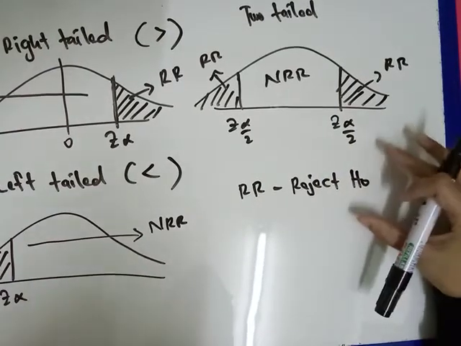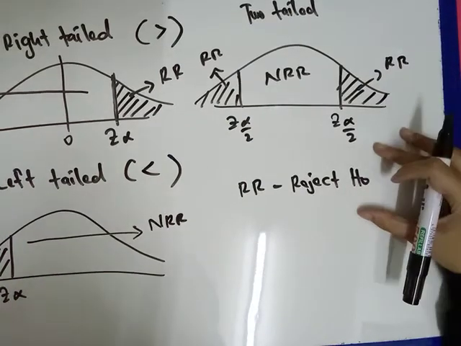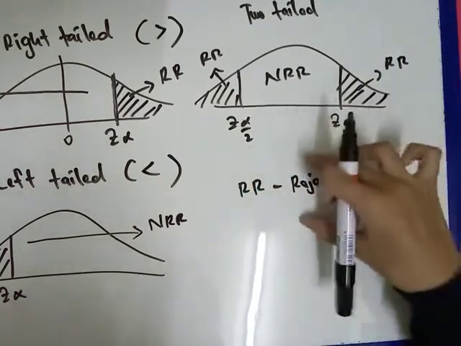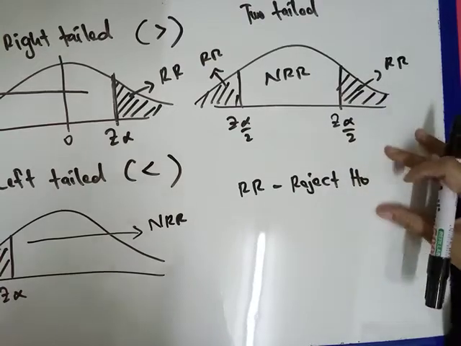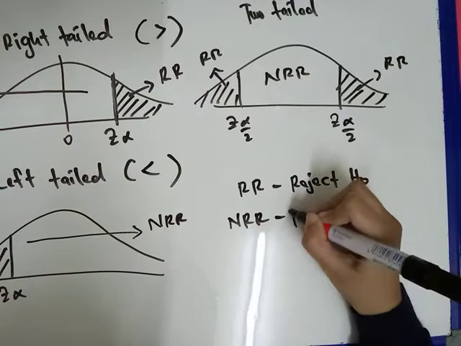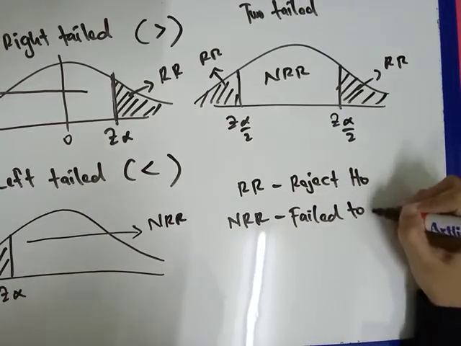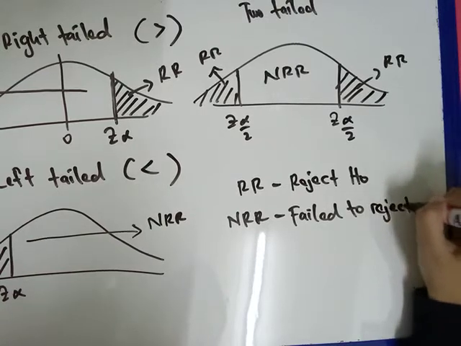RR, kita tahu RR adalah rejection region, but it is also known, nak bagi faham, RR ni means reject H0. NRR means fail to reject H0.